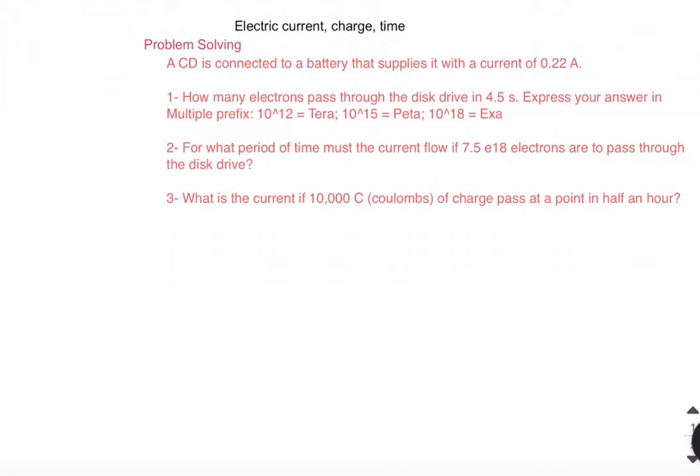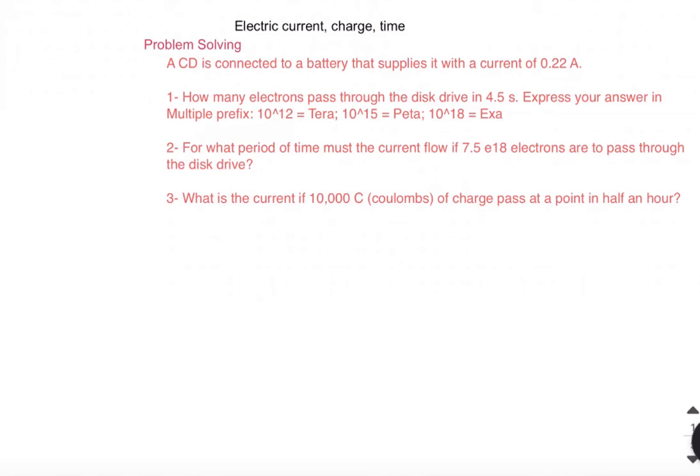And the last question here is about the current. If we do not use the current given over here, 0.22, but in case we have 10,000 coulombs of charge passing through a point of the circuit in half an hour.